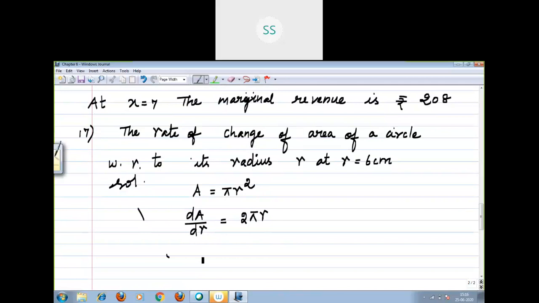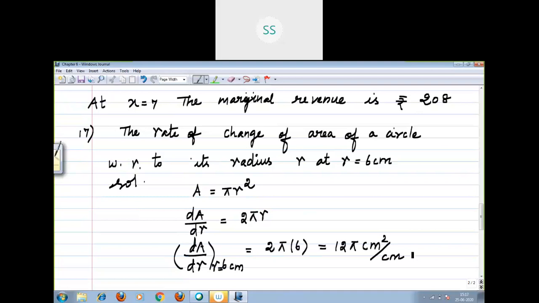dA by dr at r equal to 6 centimeter is equal to 2 pi into 6, which is equal to 12 pi centimeter square per centimeter, right?